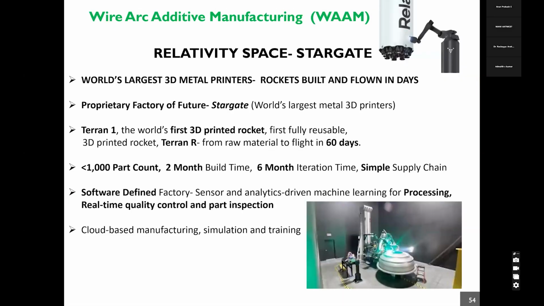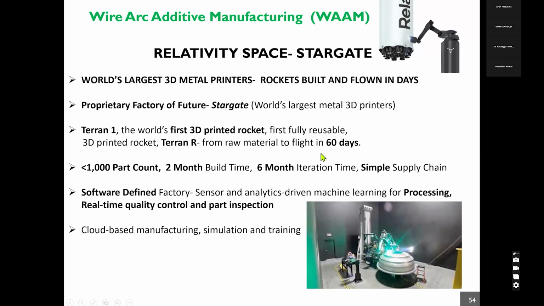So one such classical case study is from Relativity Space. They have some of the world's largest 3D printers, called Stargate 3D printers, wherein they have been using both arc as well as lasers for 3D printing of the components. So you can see here, Terran 1 was the world's first 3D printed rocket, and it flew back in 2024, and it is a fully reusable rocket.